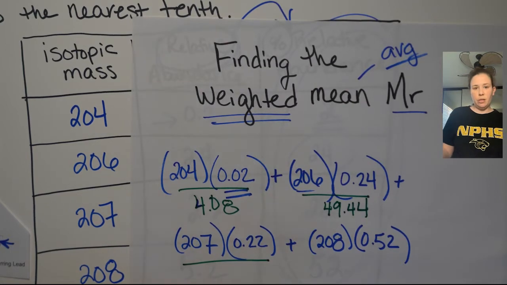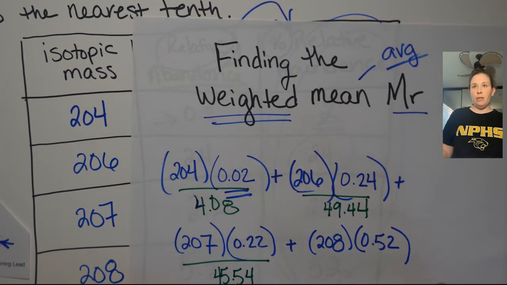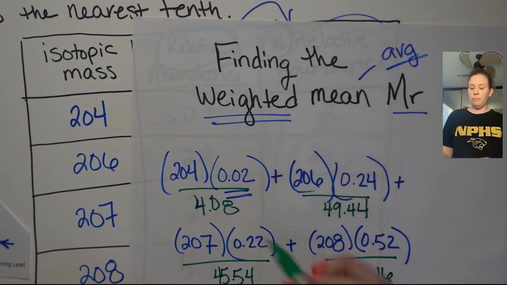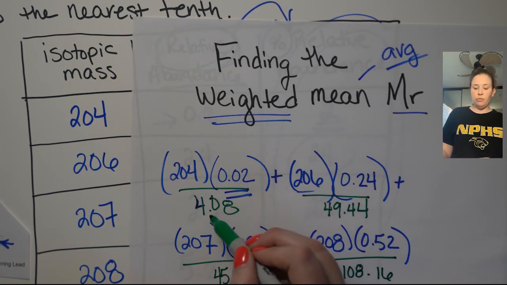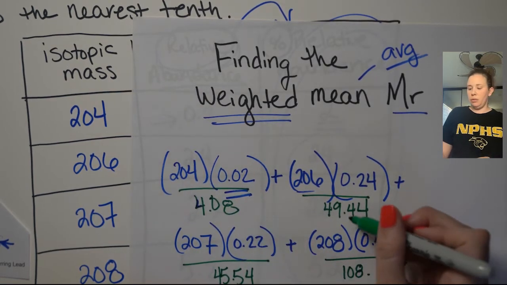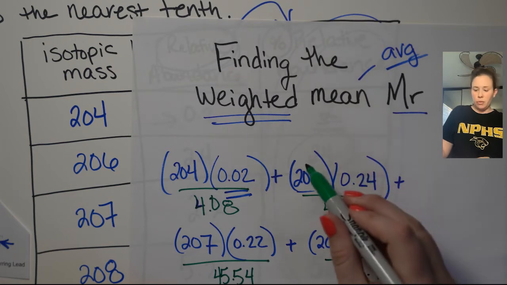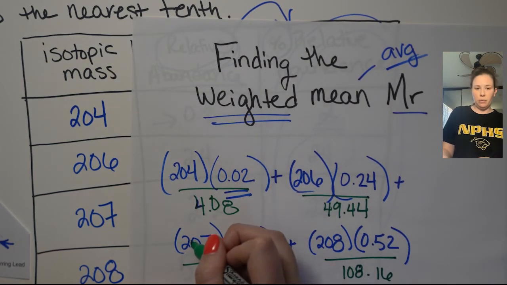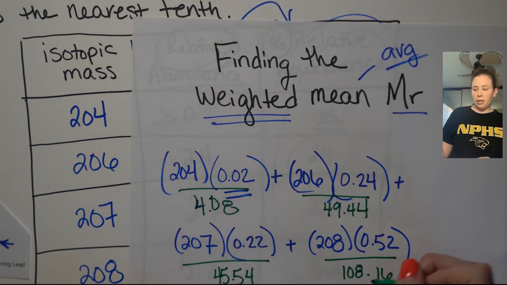Finding 22% of 207 is going to give you 45.54. And then finding 52% of 208 gives us our largest part of 108.16. So 4 is 2% of 204. 49 is 24% of 206. 45 is 22% of 207. And 108 is 52% of 208.